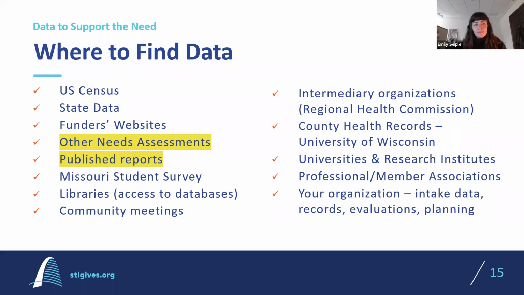And so just learning from what these other organizations are finding about needs could be really helpful for your own program. And if that information doesn't directly apply, you might see something really compelling in their process or their approach to their needs assessment that you could use as a roadmap as you are starting out on your own needs assessment. And we'll go into some examples so that hopefully that becomes more clear.